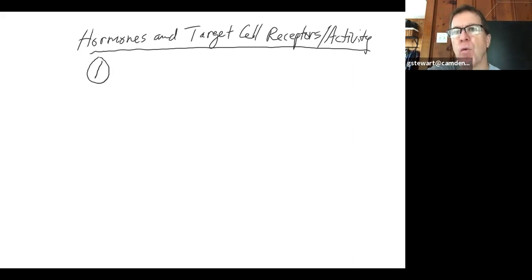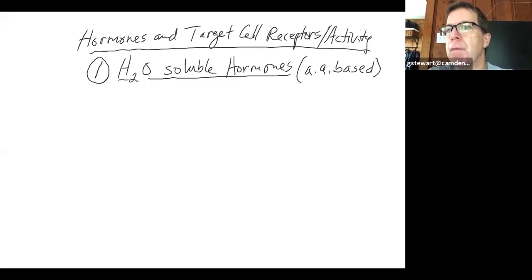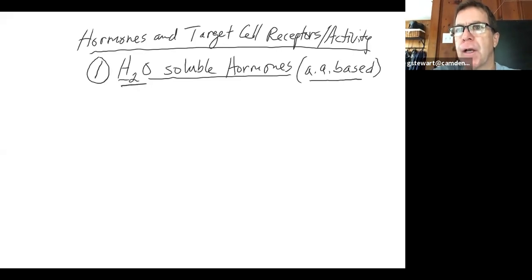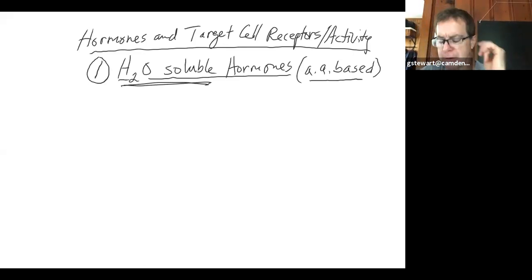So I'm just going to write in number 1 and list this as water soluble hormones. These are the same thing as that class of amino acid-based hormones. Amino acid-based hormones, peptide hormones, protein hormones, are water soluble. That's what causes them to bind the way they do at the target cell.